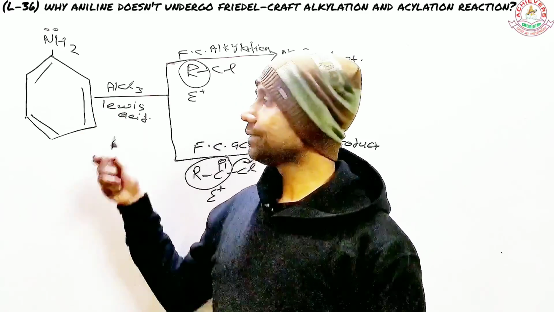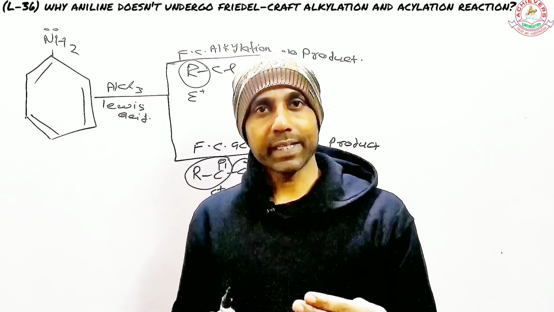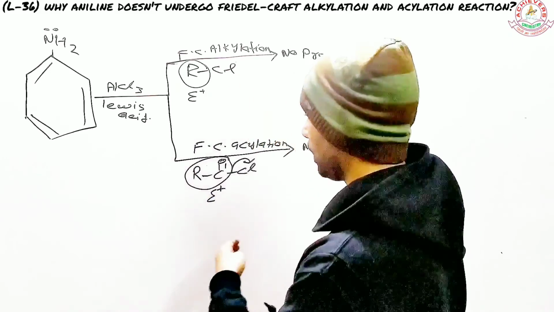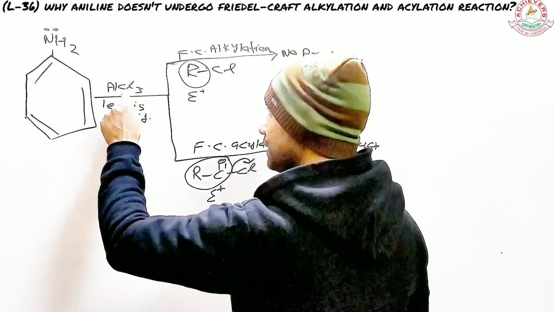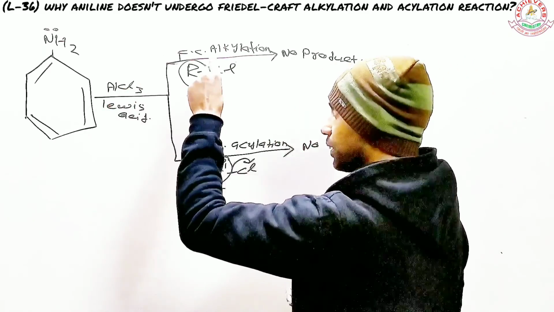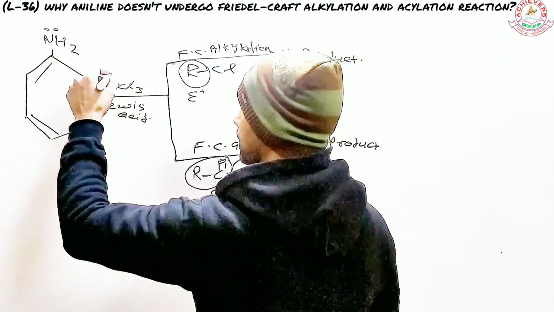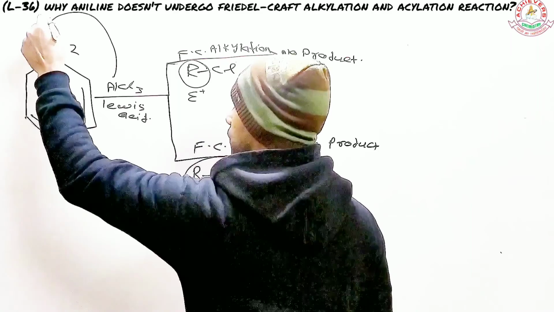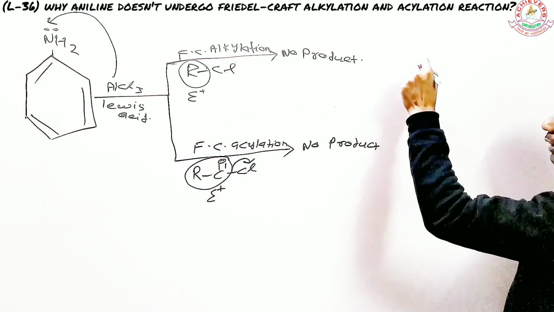AlCl3 gets busy with that and forgets the actual reaction to start, which is breaking of the bond here. So instead of reacting with these two, it goes with the amine, and you get a salt.